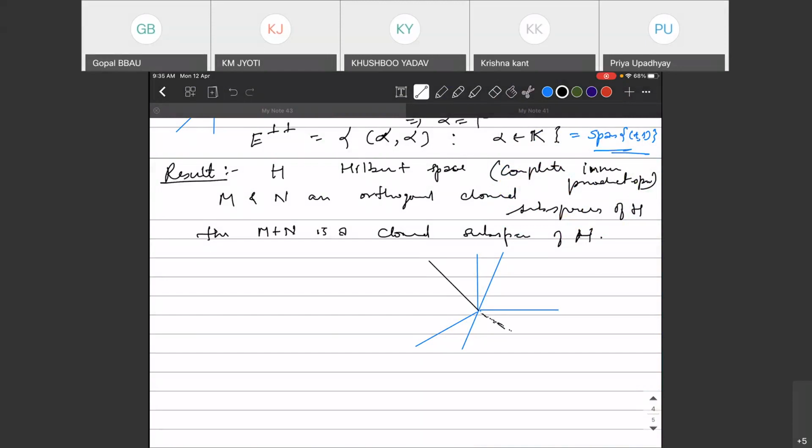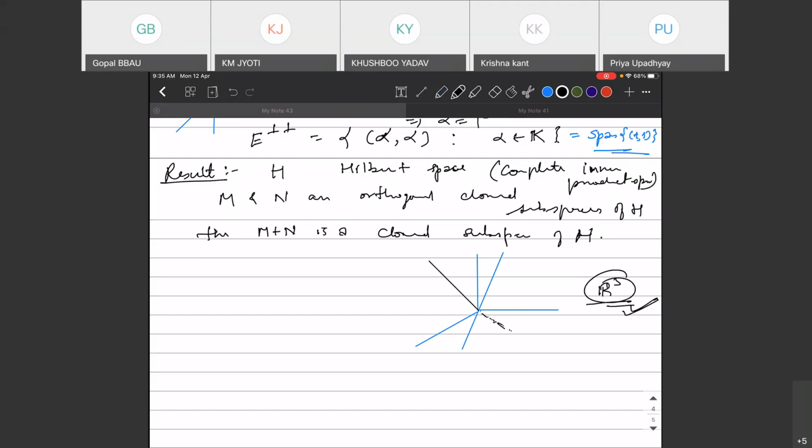Suppose we have these two subspaces, both are closed subspaces. How do you see this? R3 is a finite dimensional space, and it is easy to see, you have already seen this, that these subspaces are closed subspaces.